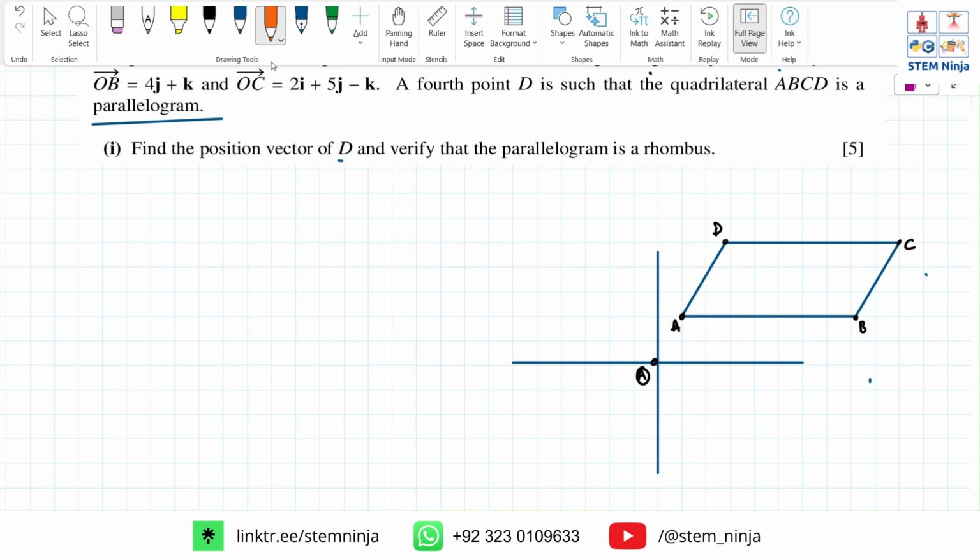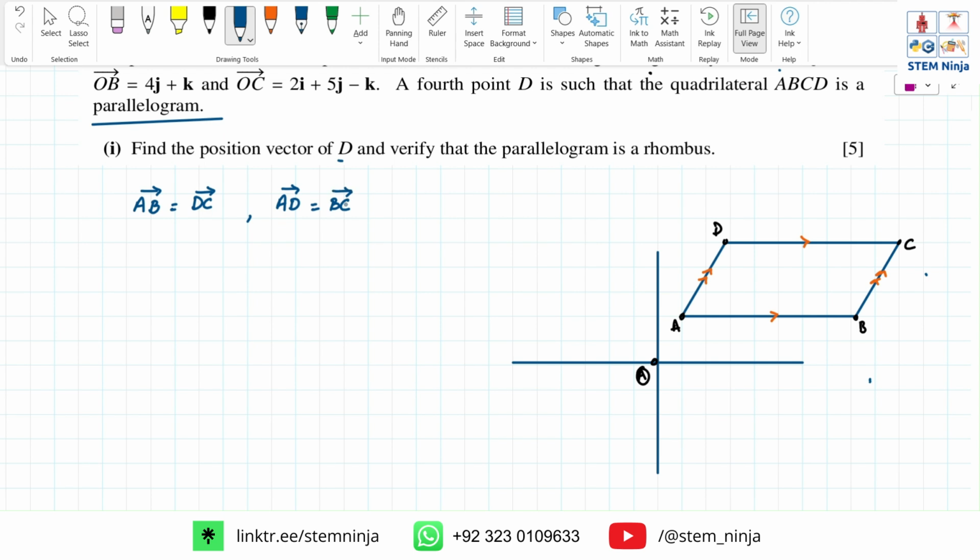We know the properties of a parallelogram. We know that DC is parallel to AB and AD is parallel to BC, which means that in vector form they will be equal. So the vector AB is equal to DC, and also AD is equal to BC.